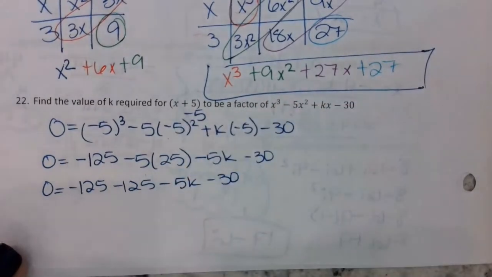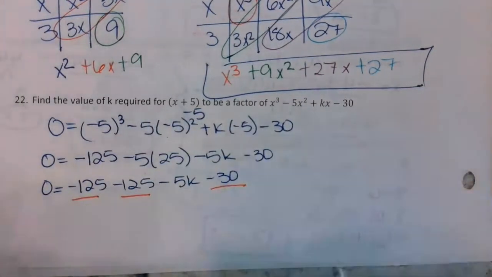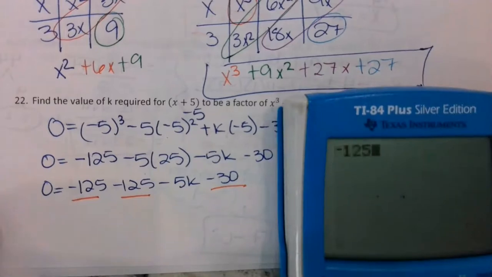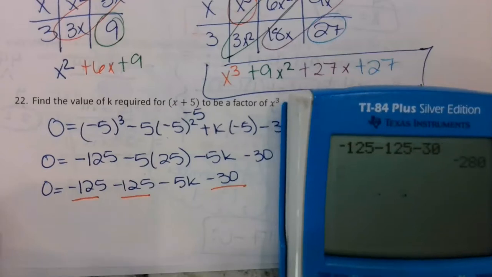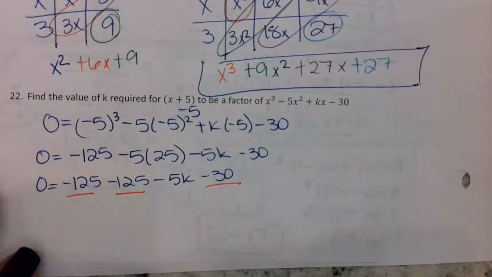I'll combine my like terms, which is the negative 125, the negative 125, and the negative 30. Gives me negative 280.